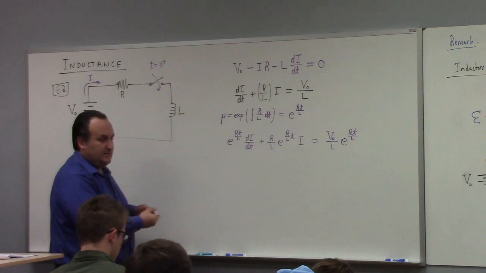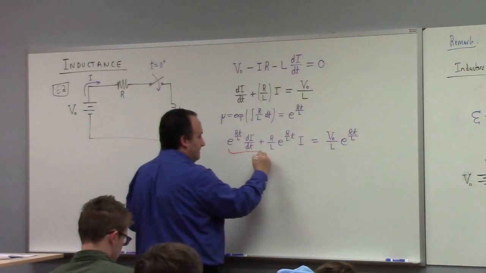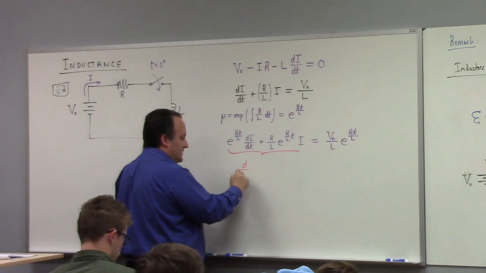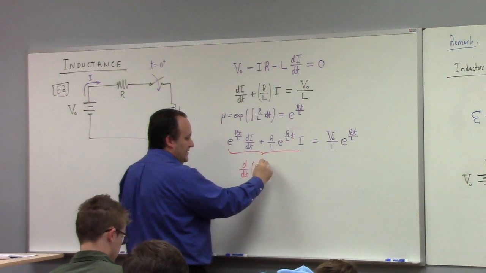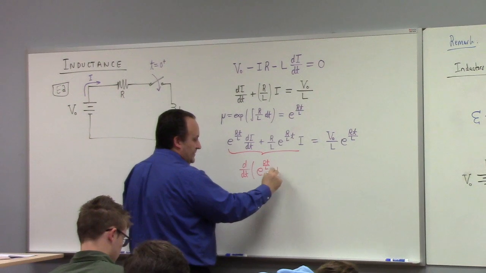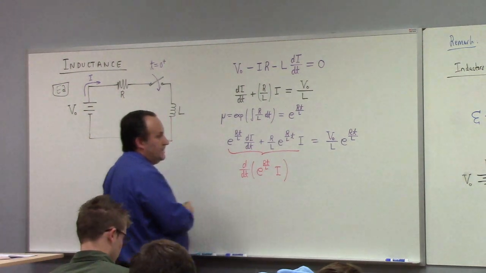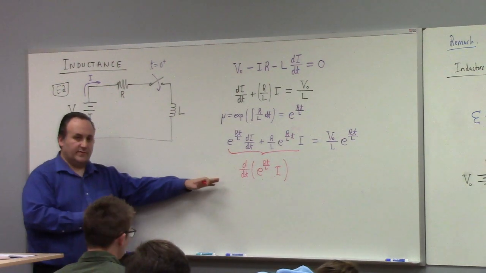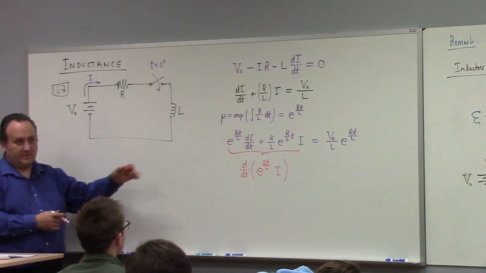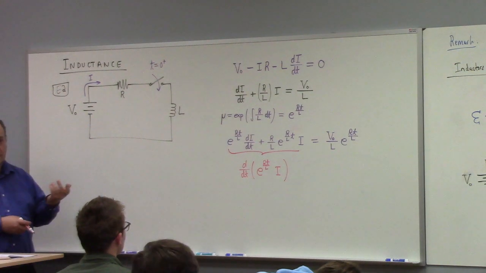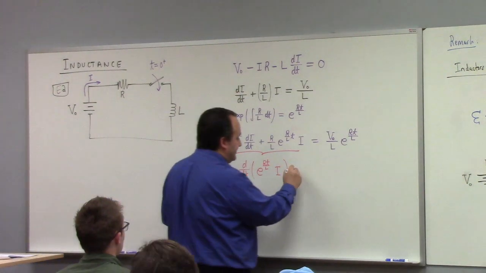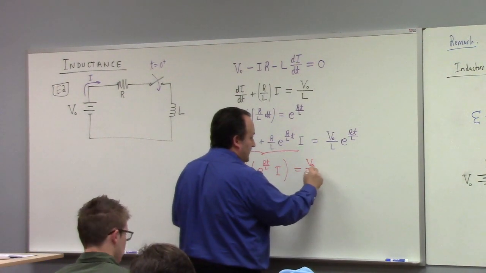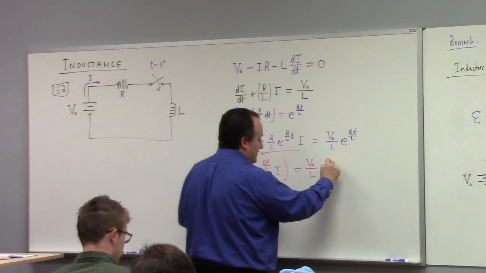Is this the product? It is. This is d dt of the integrating factor, e to the RT over L, times the current. If you differentiate that, the product rule gets you back to the line above, so we call this the reverse product rule. On the other hand, that's equal to V naught over L e to the RT over L.